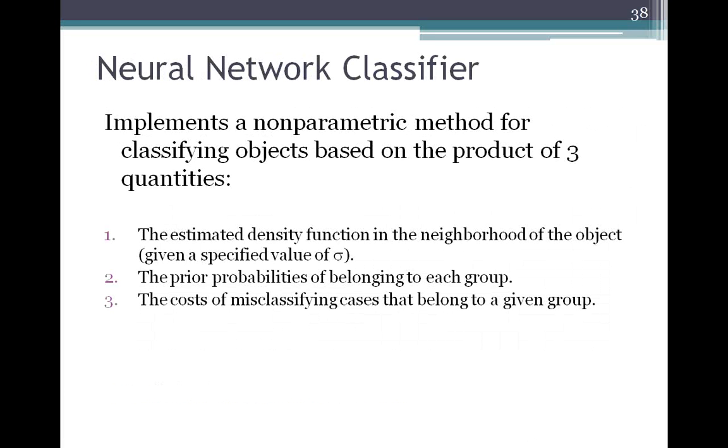And it bases its classification on three quantities: the estimated density function in the neighborhood of the object, the prior probabilities of belonging to each group, and the cost of misclassifying cases. Now, what's particularly new about the neural network classifier, compared to the linear discriminant analysis, is number one here, estimating the density function in the neighborhood of the object.